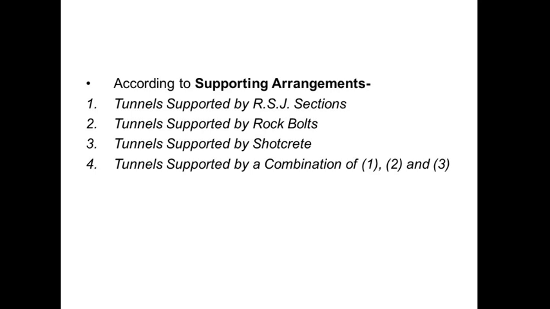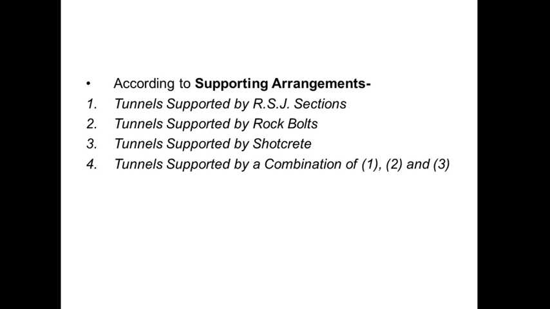Shotcrete is nothing but a mixture of cement, sand and water. When we spray that mixture inside the tunnel lining, that is called shotcrete. To avoid the falling of rock and to give strength to the rock, we use shotcrete.